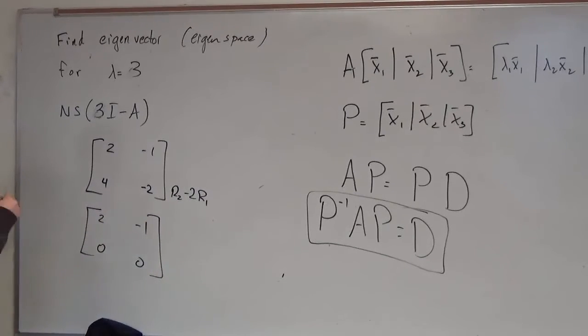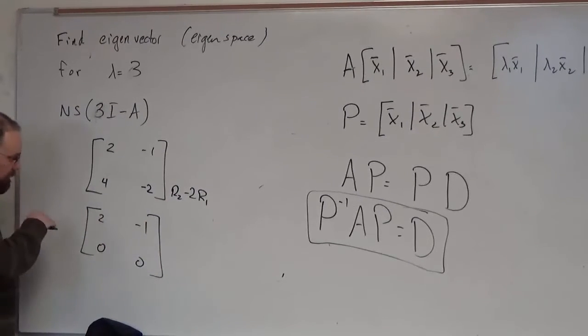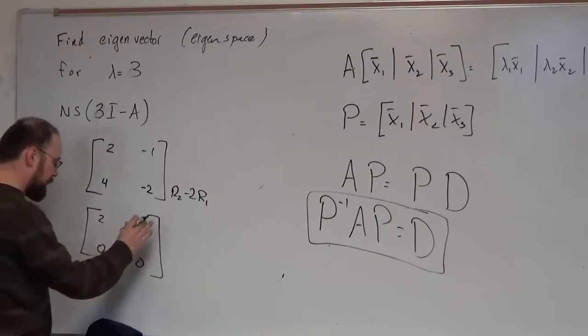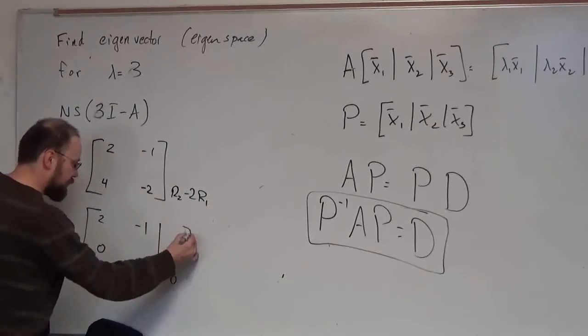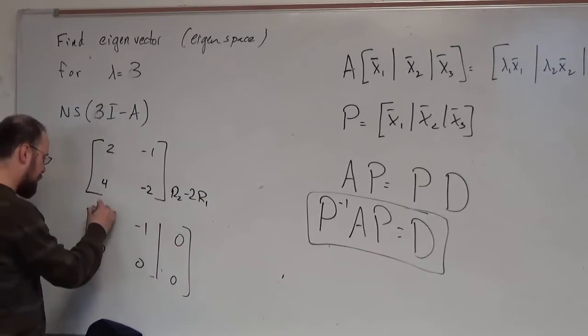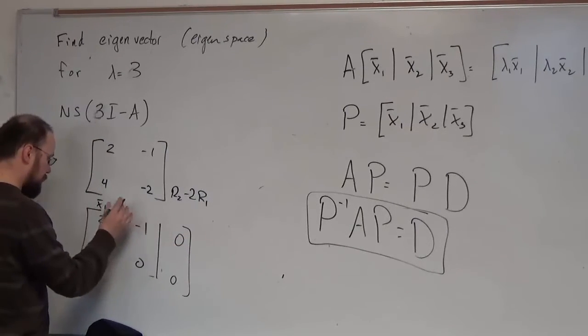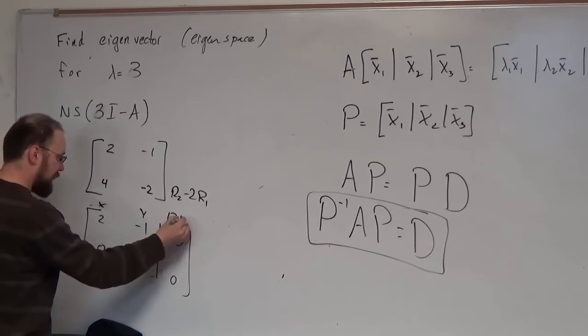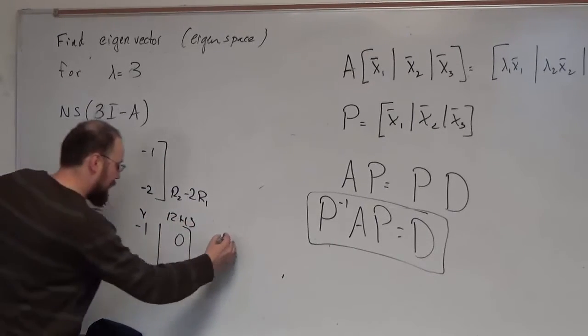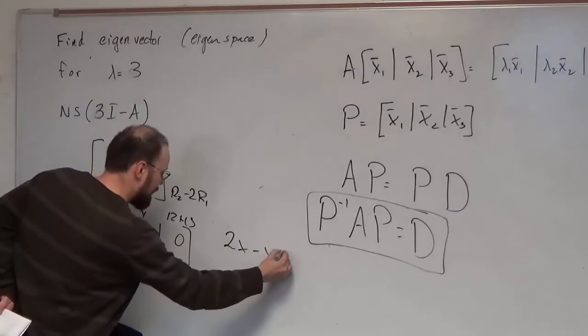And remember, we're finding the null space, so if you'd like, you augment the matrix with 0 on the right-hand side. So then you have x, y on the left. This says 2x minus y has to be 0.